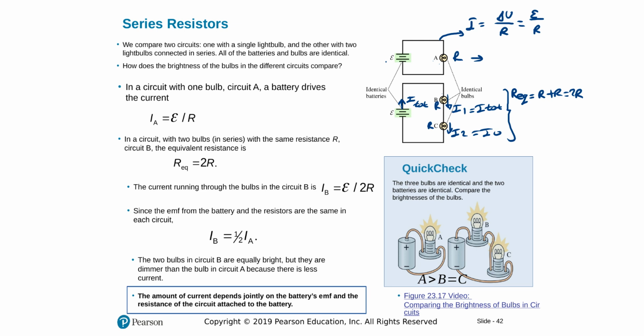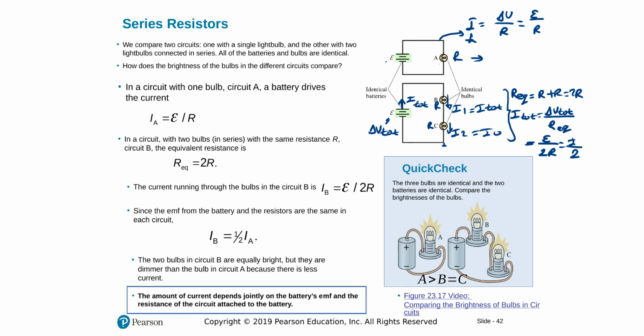And for the second one, if I want to find the total current, which is equal to the current through each resistor here, total current will be delta V total divided by R total, or R equivalent. So delta V total is the same, epsilon divided by R equivalent, 2R. So if this current was I, this will be I over 2.